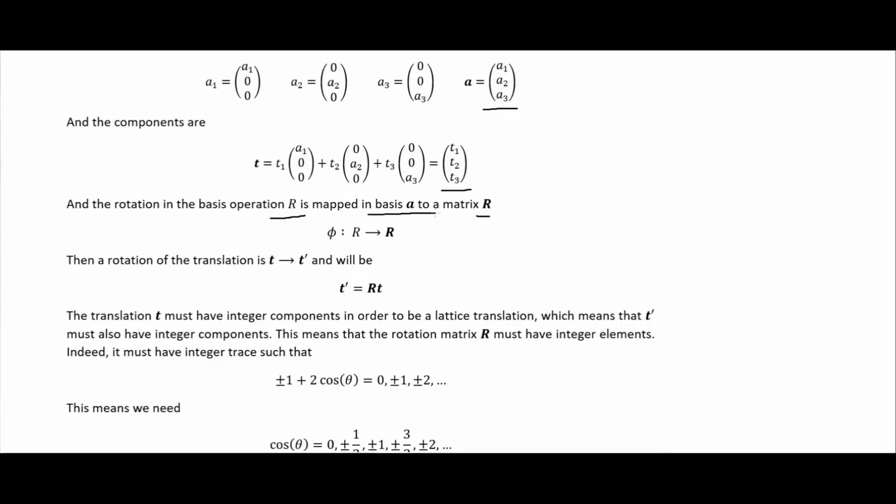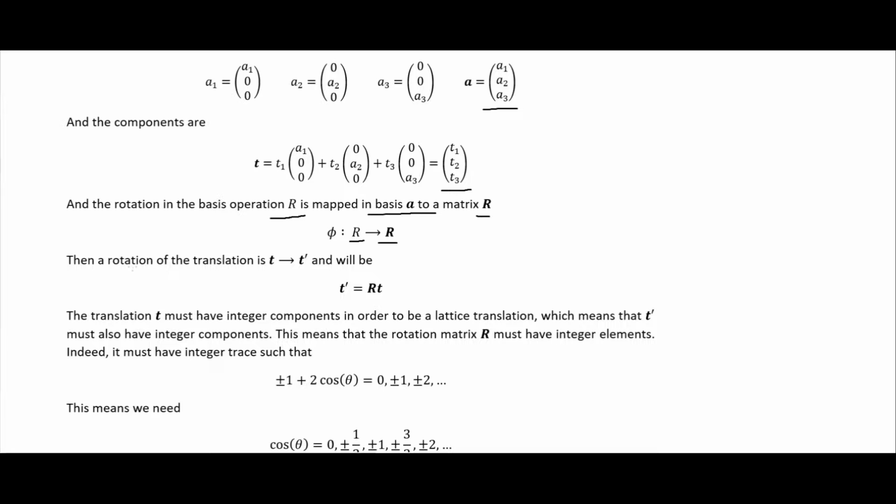I've talked about in a previous video how when we do the mapping, it has to be in a specific basis. That's always important to remember: a mapping depends on the basis. If you're in a different basis, then the mapping is going to be different. So we're mapping in a particular basis here, mapping our symmetry operation to this matrix.